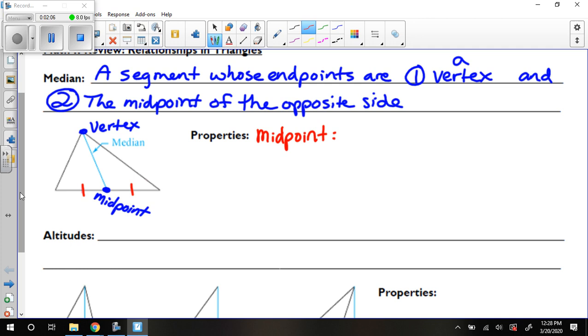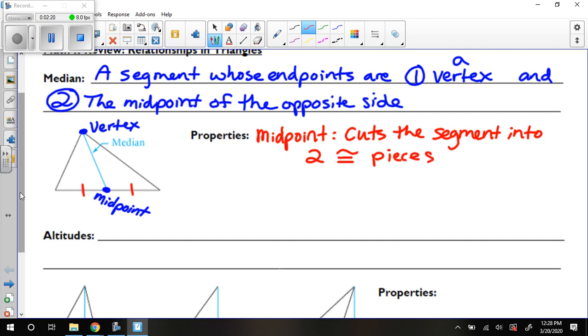Okay, and a midpoint cuts the segment into two congruent pieces. Okay, now notice I used the symbol for congruent. Okay, hopefully you've seen that before. You should have in Math 2.